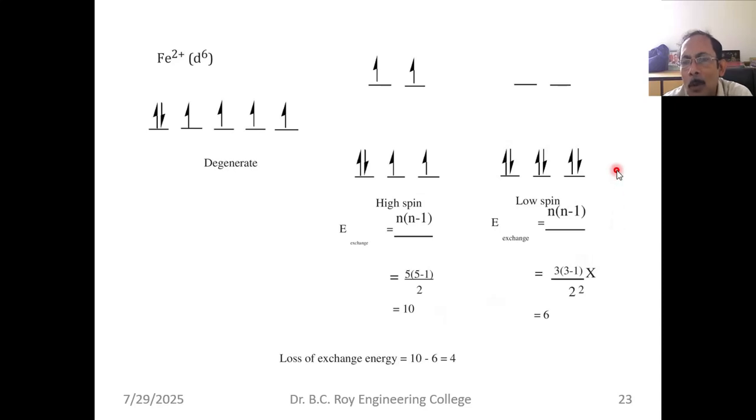Whereas for low spin, where the electrons are paired up, the exchange energy is 3 into 3 minus 1 by 2, because here there are 3 electrons, so it is 3.